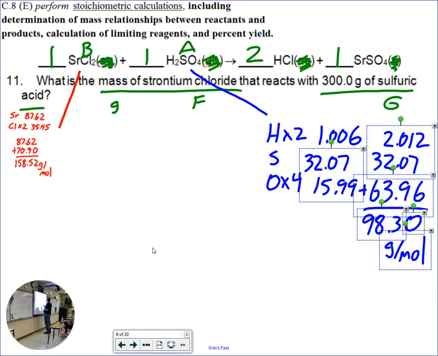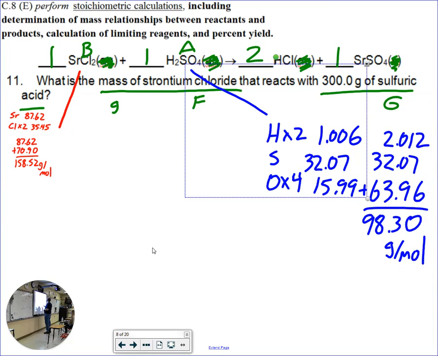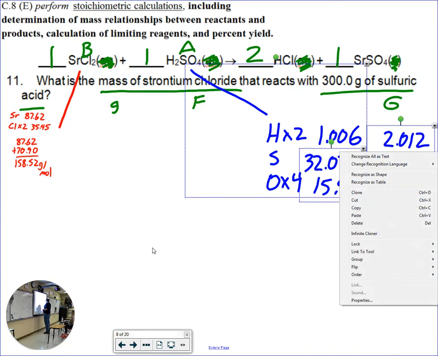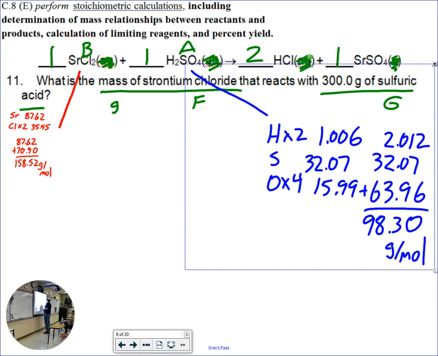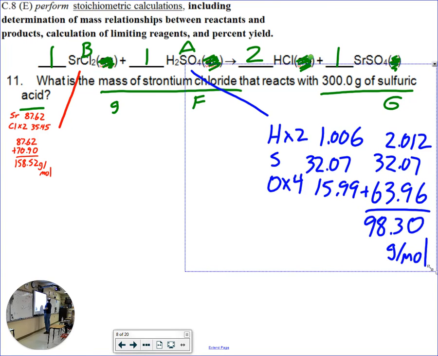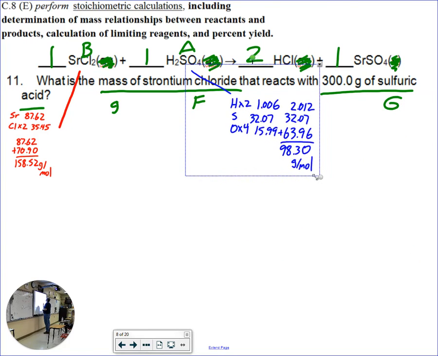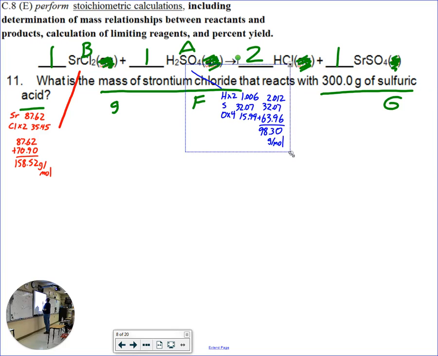And now I want to shrink this mess down too. Okay, that's good. There we go. And kind of keep it out of my way. I want to be able to have some workspace here. So now we've got all the information we're going to need.